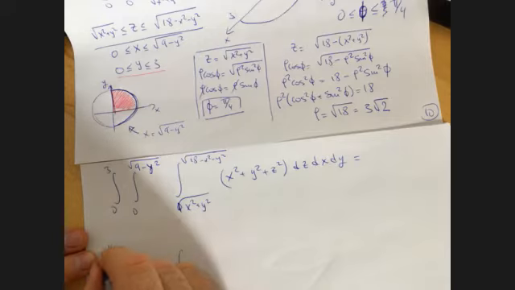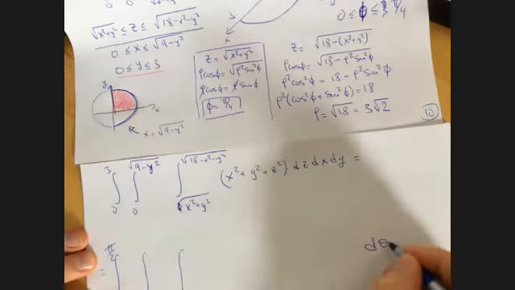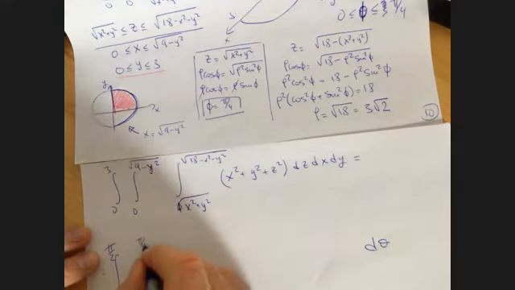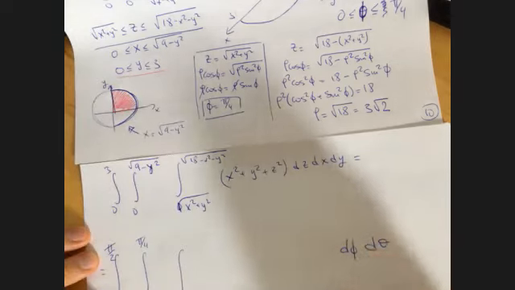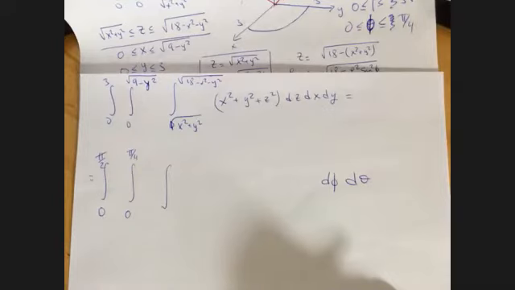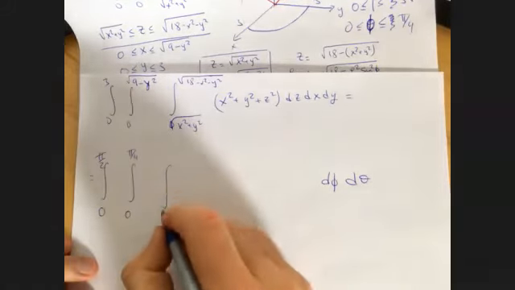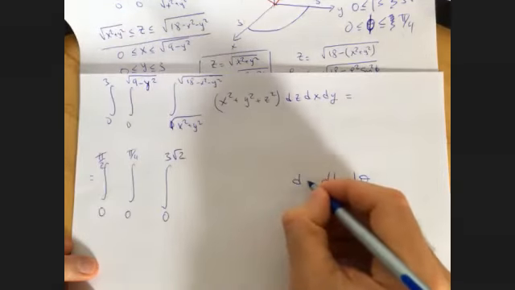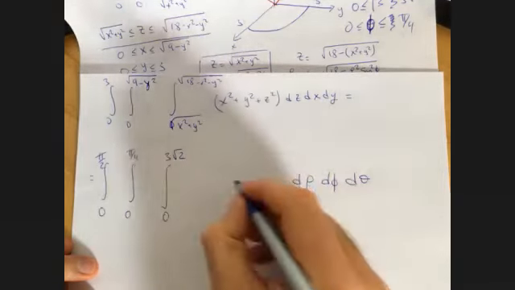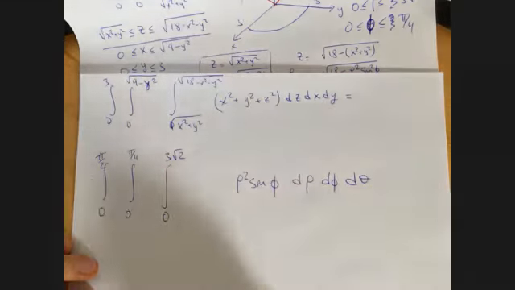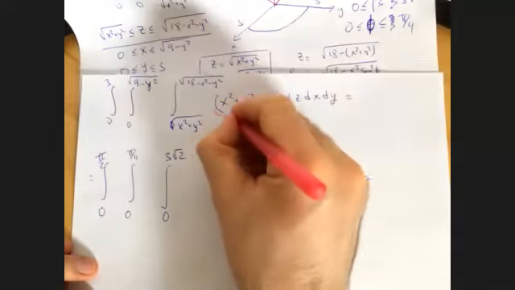Theta goes from 0 to pi over 2, d theta. Phi goes from 0 to pi over 4, d phi. And rho goes from 0 to 3 square root of 2, d rho, times the Jacobian, rho squared sine of phi, times the integrand itself.